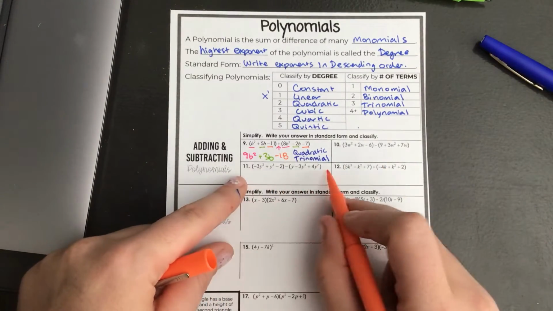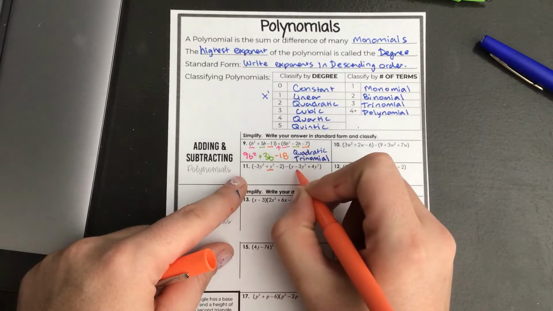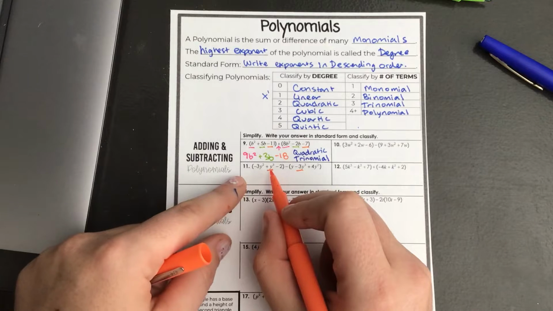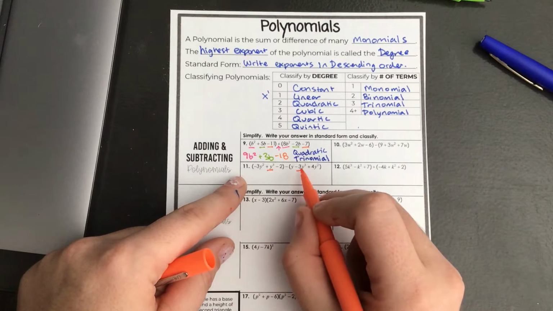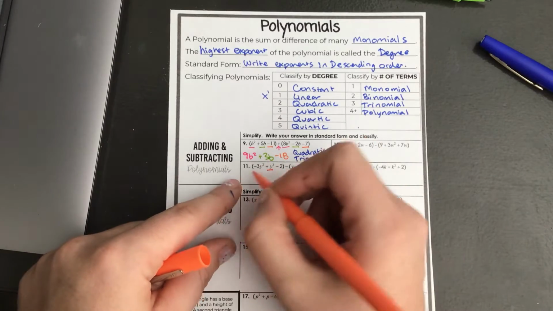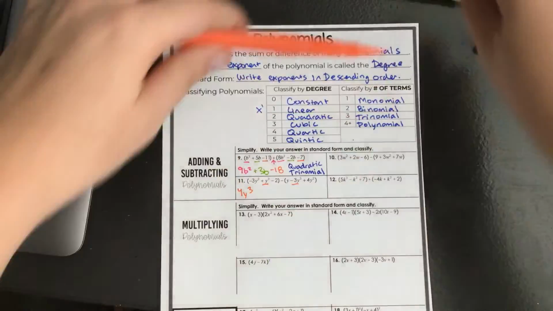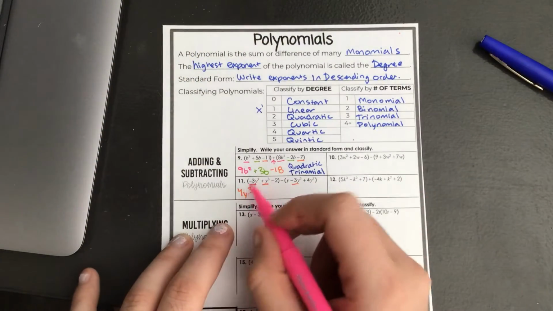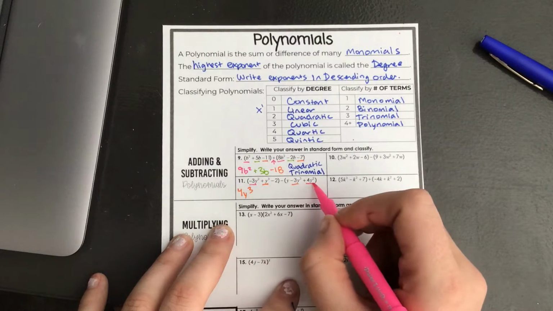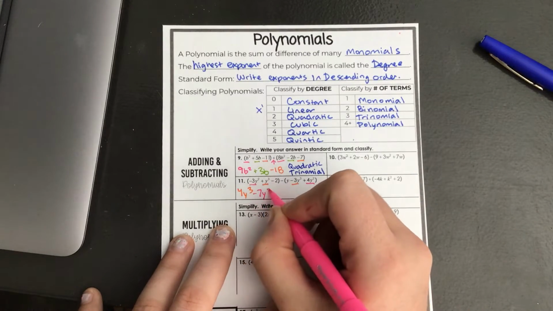Find the highest degree. So this is a 2, this is a 3, so let's do the 3. If I have 1y cubed minus a negative 3y cubed, well, minus a negative turns to positive, and we're gonna get 4y cubed. Go to the next highest value, which would be squared. Negative 3y squared minus 4y squared puts me at negative 7y squared.